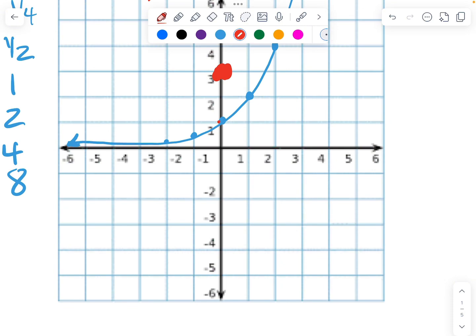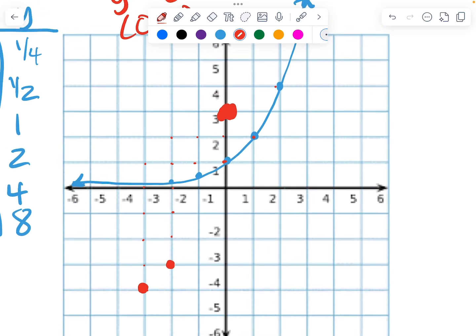From this point right here, I'm going to go to the left 1, 2, 3, and down 1, 2, 3, 4, 5. And from this point, left 1, 2, 3, down 1, 2, 3, 4, 5. From this point, left 1, 2, 3, down 1, 2, 3, 4, 5.